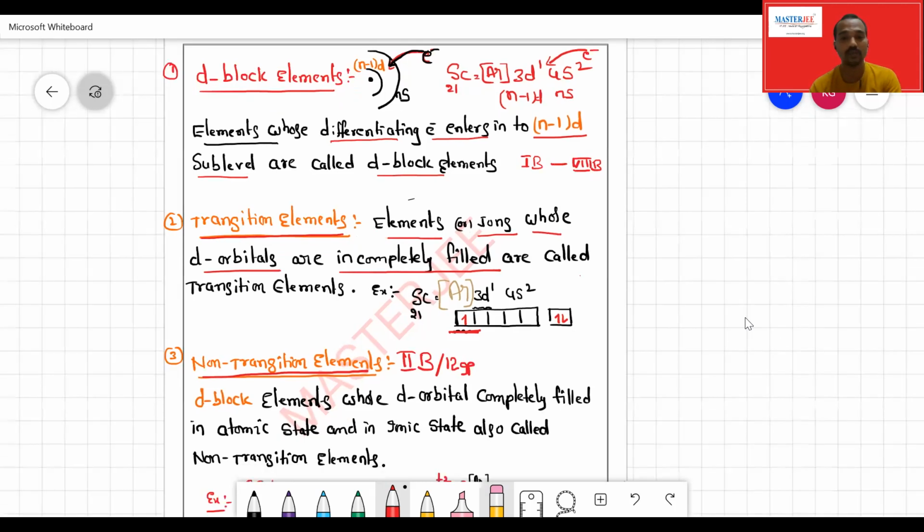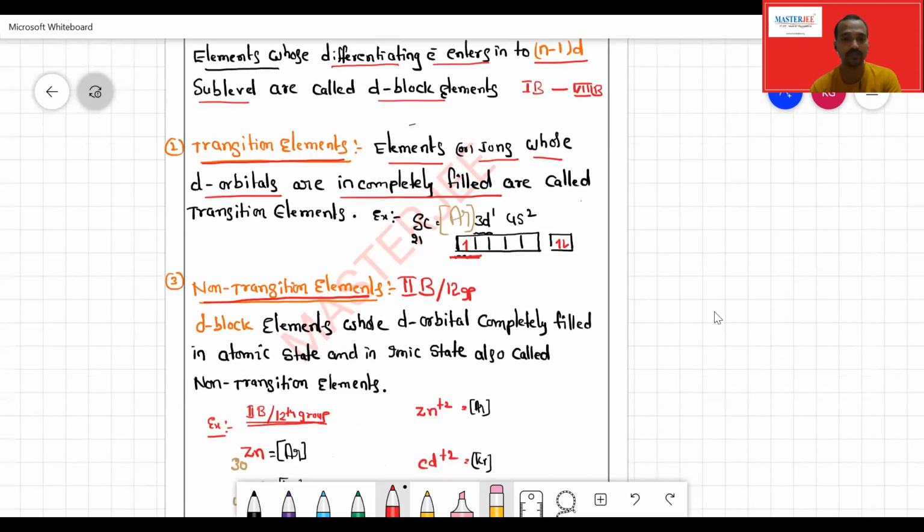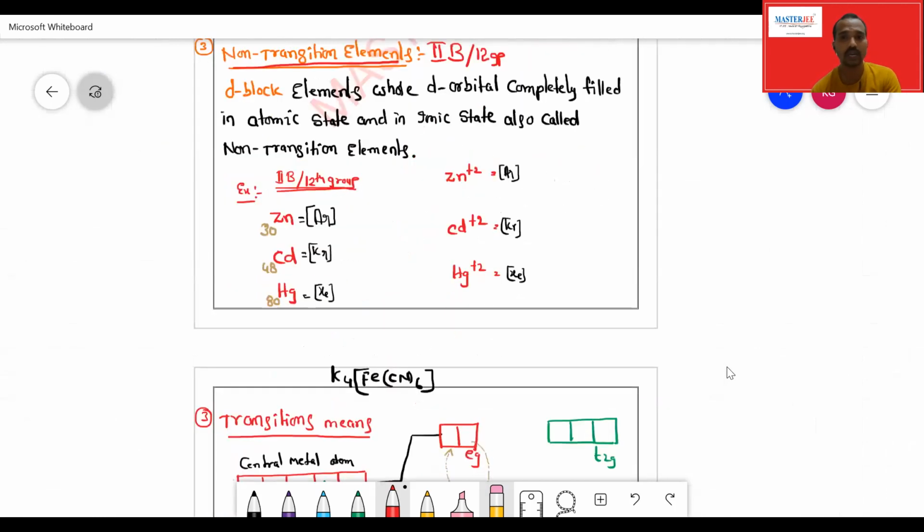Non-transition elements are d block elements whose d orbitals are completely filled in their atomic as well as ionic states. Before and after losing electrons, the species having completely filled d orbitals are non-transition elements.